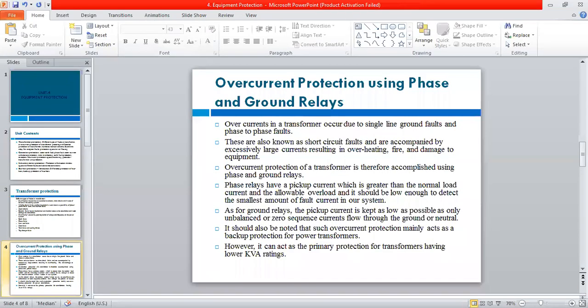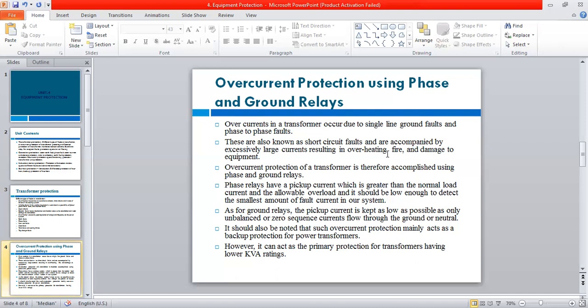These faults are also called short circuit faults.